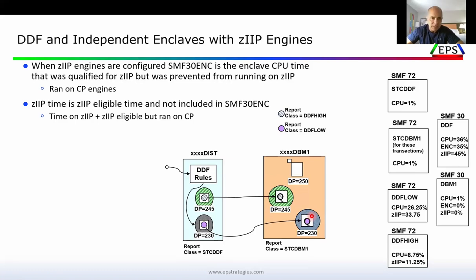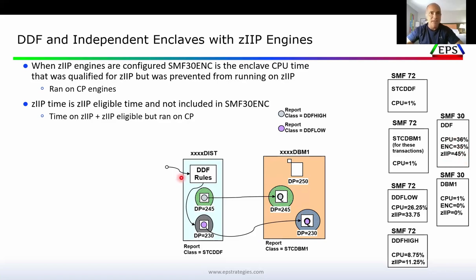In this particular case, if I look at this SMF30 record for the dist address space, it's going to be all the CPU time of the address space as well as the transactions. And that's why we see lots of CPU time accumulated back to the dist address space.